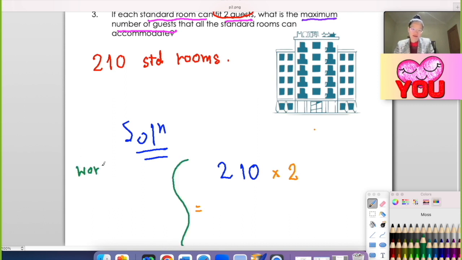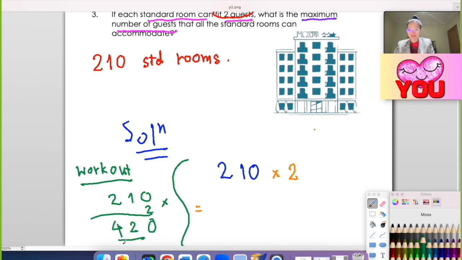This one is our workout. 210 times 2. 0, 2, 4. So it comes out to 420. So your answer is, Grace, 420 guests. Does it make sense?